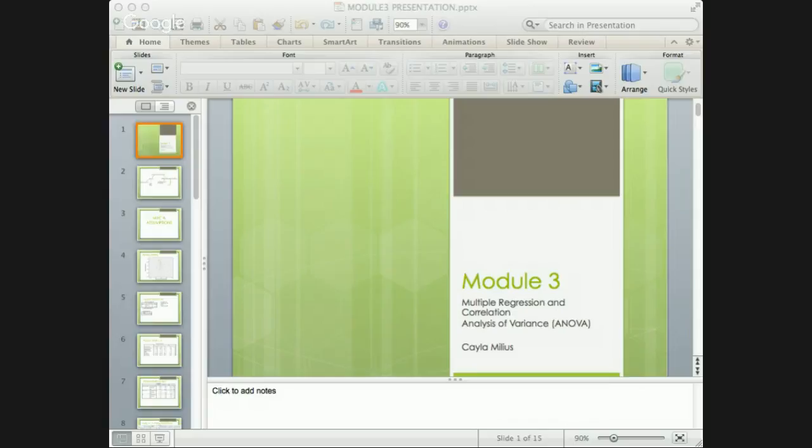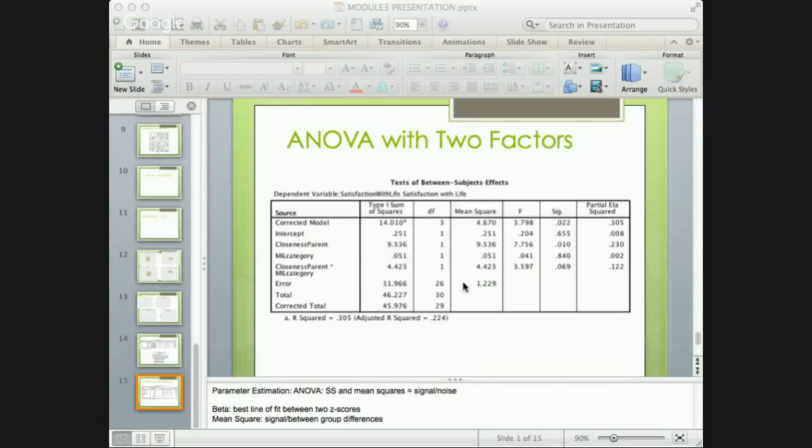Looking at meaning in life, this isn't a significant relationship. And then looking at the interaction between closeness and meaning, it's higher than 0.05, so it's not significant. And that is it for my module.